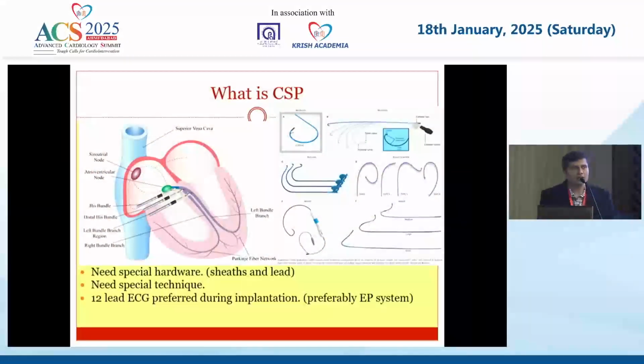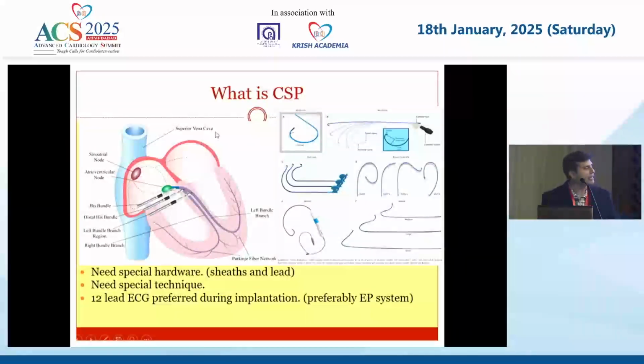So what is conduction system pacing? I'll just give you a purview: you try to pace the conduction system itself. You pace the His-Purkinje system either at the level of the His or below that at the left bundle, or near the high septum, where you can capture this His-Purkinje system easily, and that will give you the normal conduction that happens via the normal system.